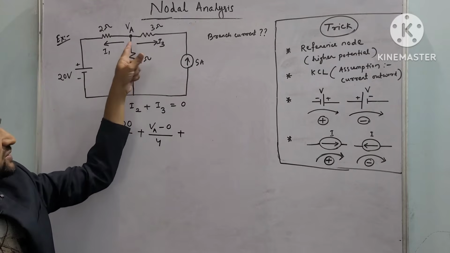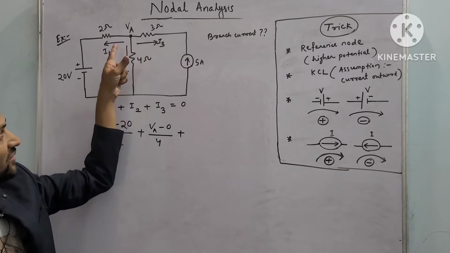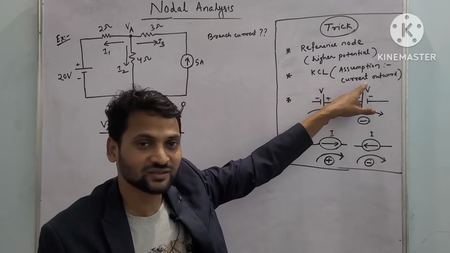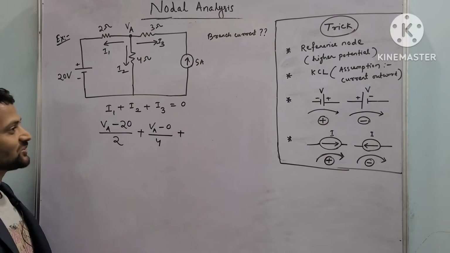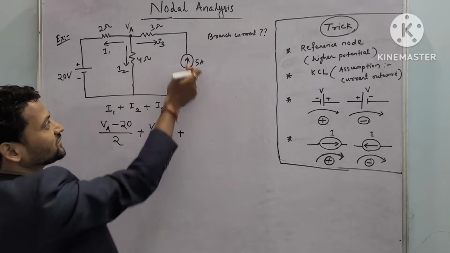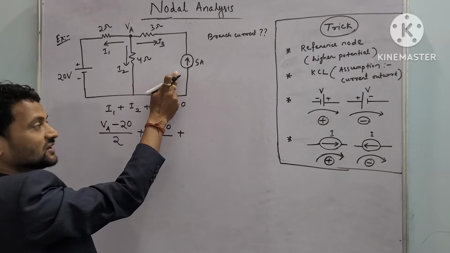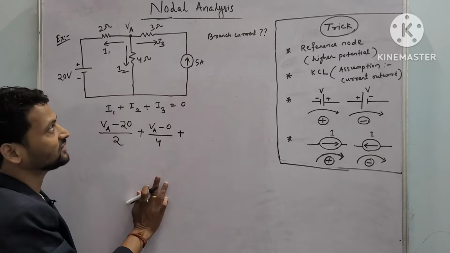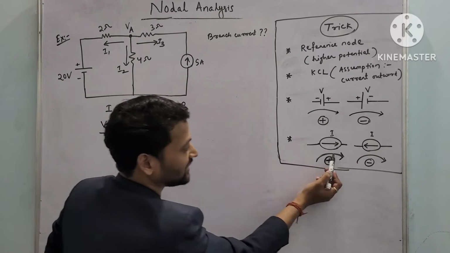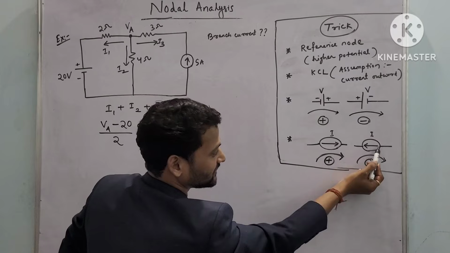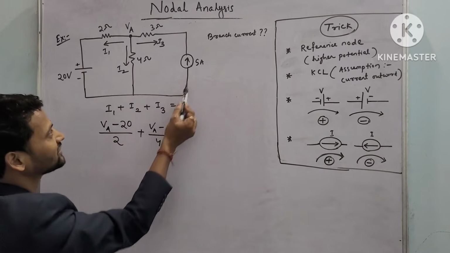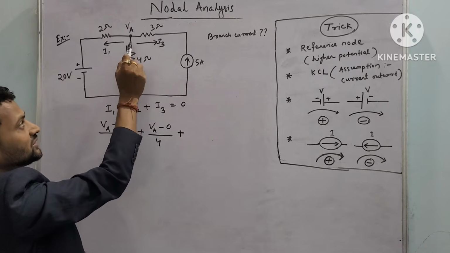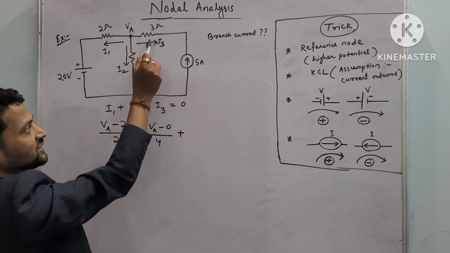But what is our assumption? The currents we have taken are assumed outward. So the direction of the current given in the circuit is opposite to our assumed current. The direction of the current is from right to left, but the current we assume is from left to right, so it is opposite.